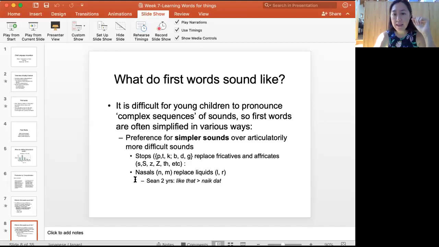So here, S, sh, z, j, th, or the. Those are called fricatives or affricates.